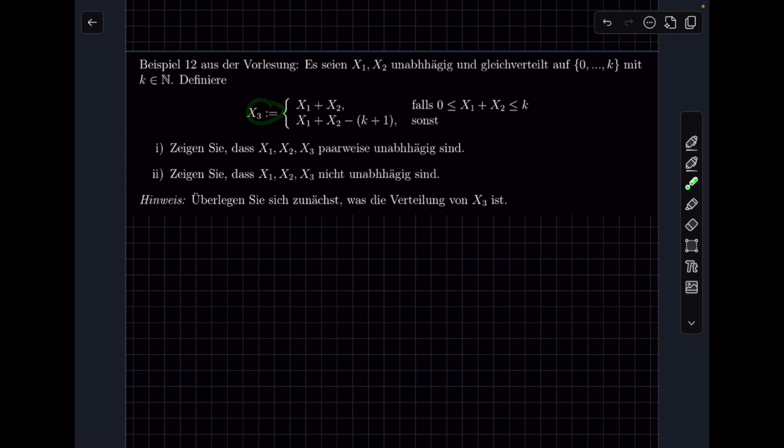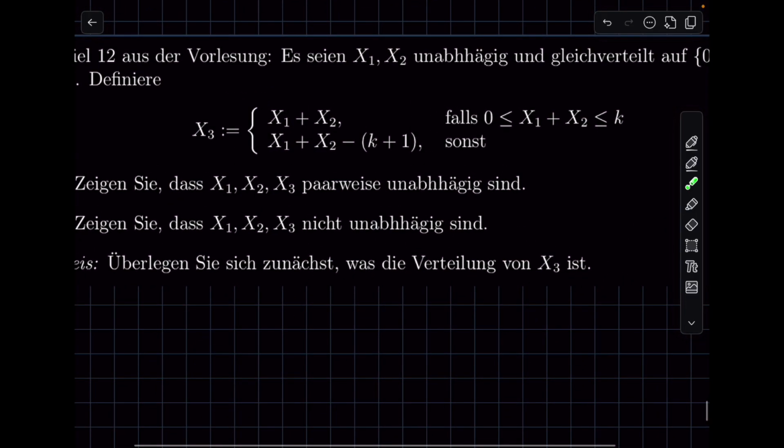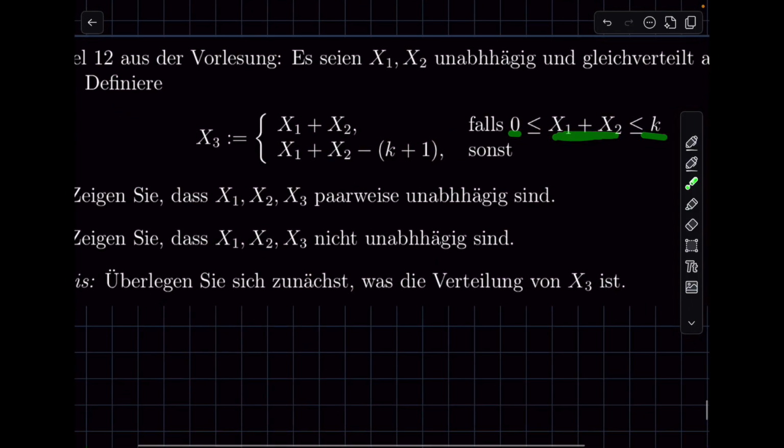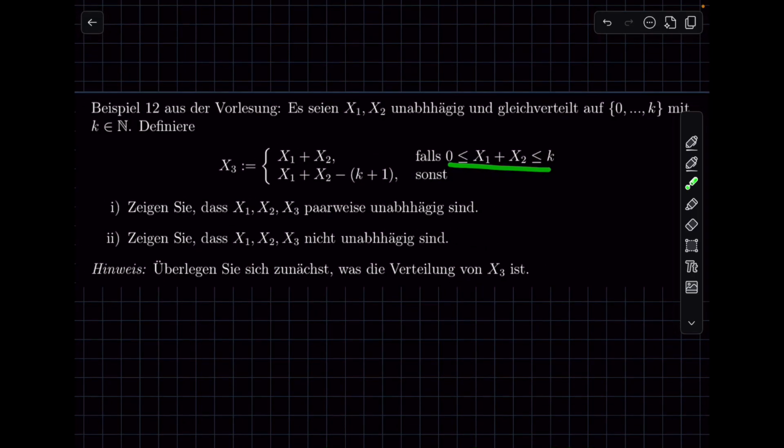And we define a random variable, which is a piecewise function, x3, which is going to be equal to x1 plus x2 if the sum is in the range from 0 to k. And it's going to be equal to this otherwise, if we are not in this range. So the first exercise is quite challenging, I have to admit.